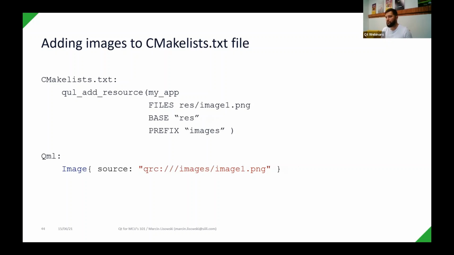In combination, base is always cutting our path and prefix is always extending our path. Those mechanisms could be useful for providing different assets, for example, for different resolutions of the screen, when you can have different directories for different resolutions. And by just switching a base argument, you can decide which images are loaded to your app.